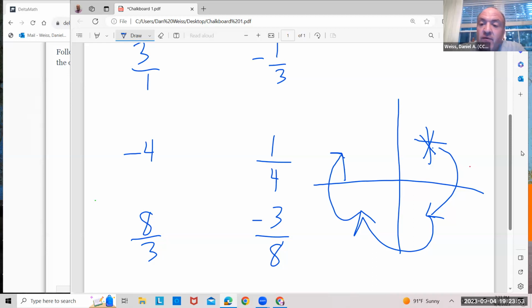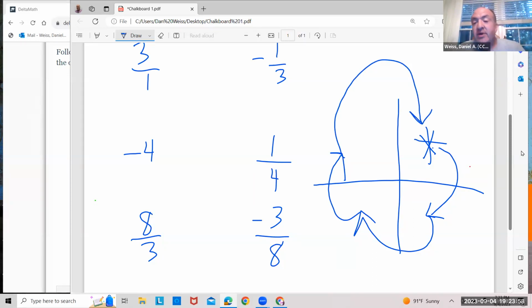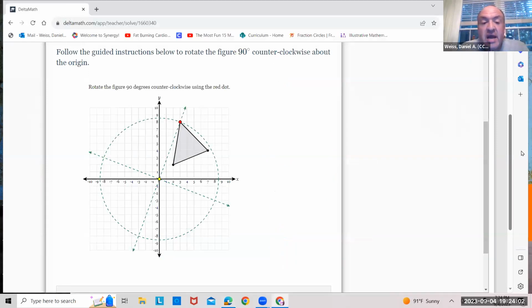And of course, if you were to go 4 quadrants, that would be 360 degrees, one full circle. So to go 90 degrees means that we're going to go from this quadrant right here down in here, between this line here and this line here.